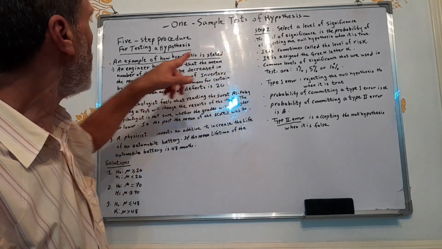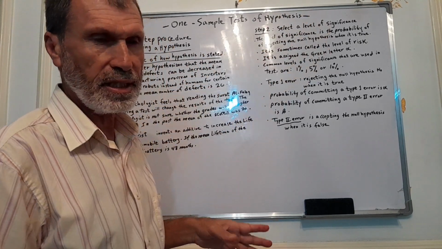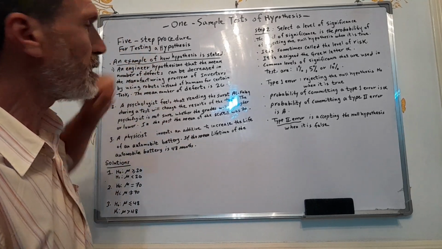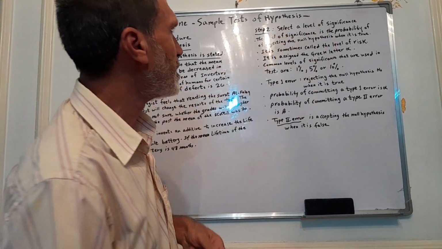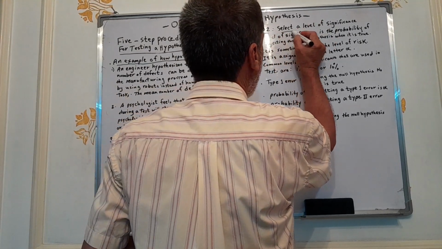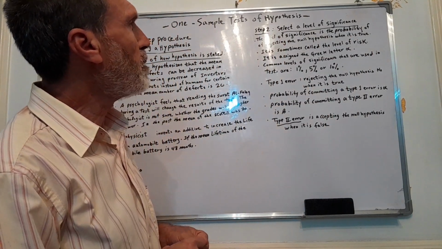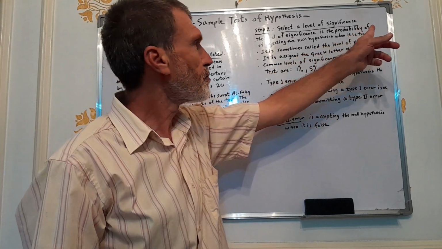Now, step 2 from the 5-step procedure for testing a hypothesis is to select a level of significance. The level of significance is the probability of rejecting the null hypothesis when it is true.